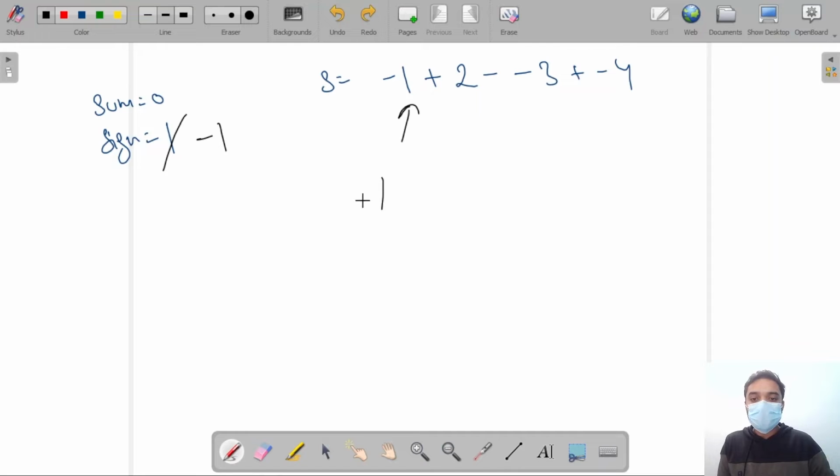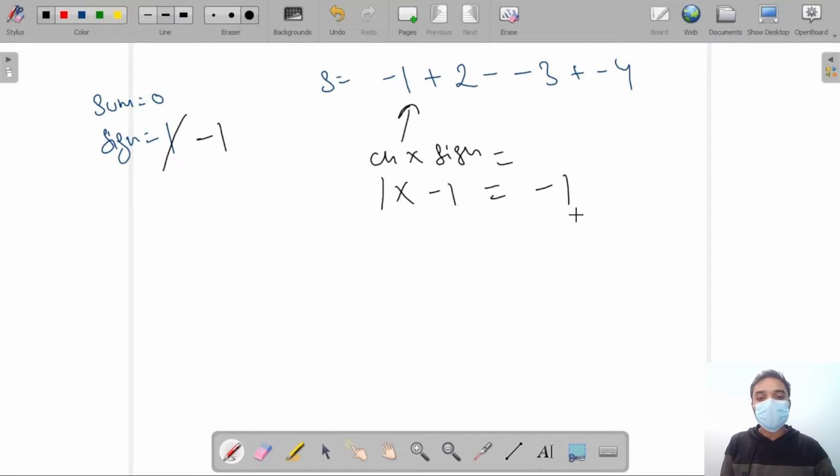Now I'm going to multiply this digit with my sign, whatever my sign was. That's why we are initializing our sign, to maintain what was before this digit. What was my sign? My sign was -1. So whatever I get, now I'm getting -1, I'm going to add this with my sum.